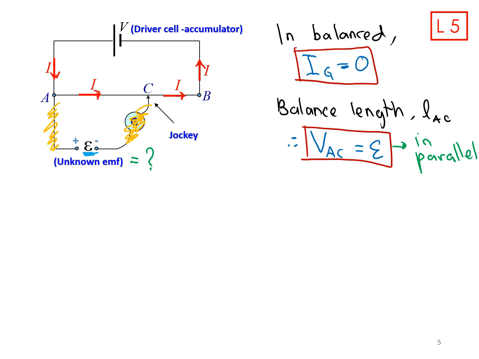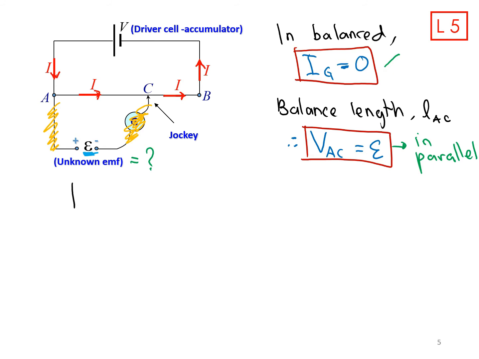Once the galvanometer is in balance, the parallel connection will occur. So VAC is equal to EMF.